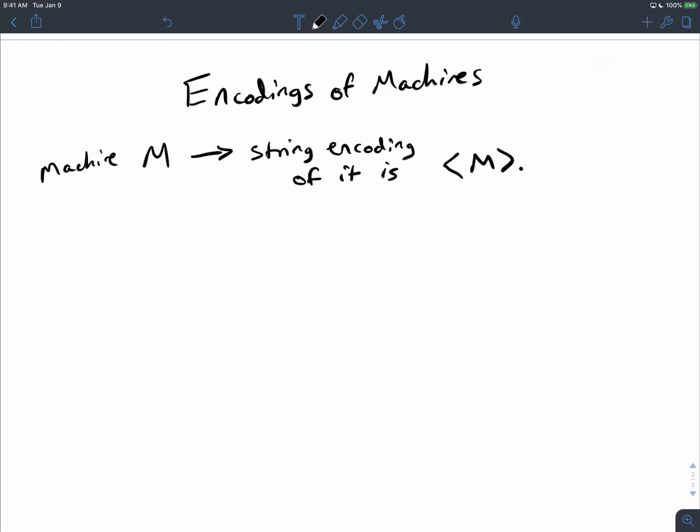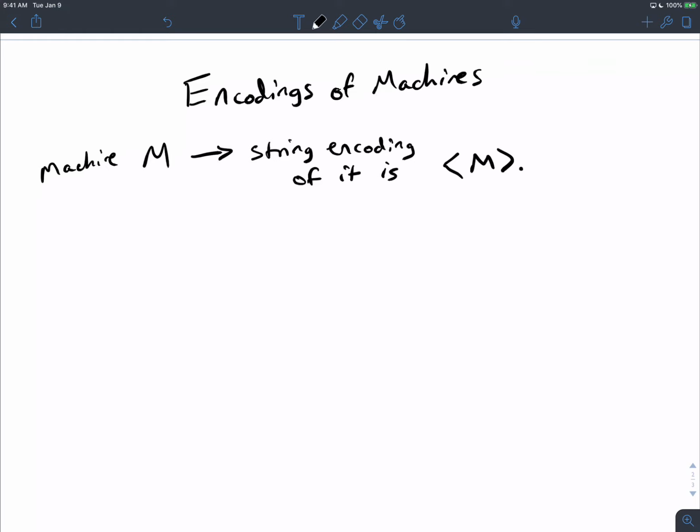We were putting them onto tapes, and I think we were studying some problems about, given a certain machine and an input, whether or not the machine accepts the input. A decider for what problem were we trying to solve first?